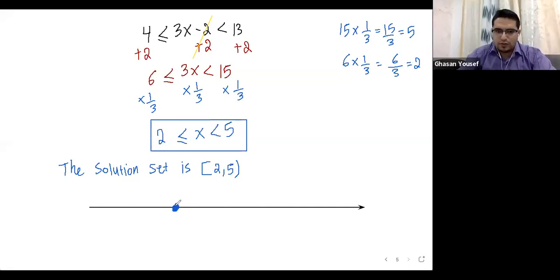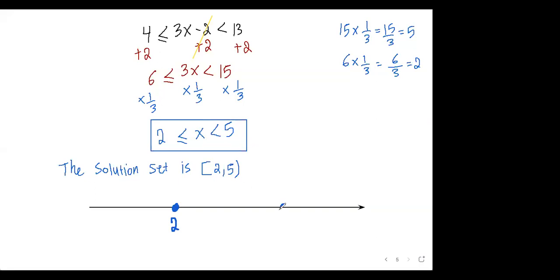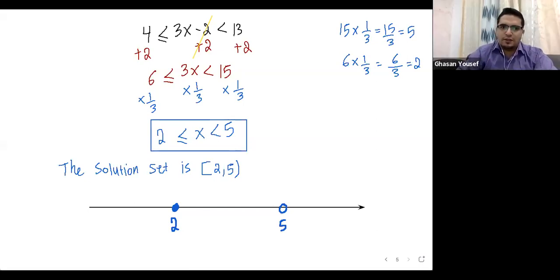So at 2 it will be closed like this. This is my 2. What about 5? It will be an open circle. Exactly. And I have to draw a line between these two points like this. So this is the sketch for this solution. Is it clear, Anta? Yes.